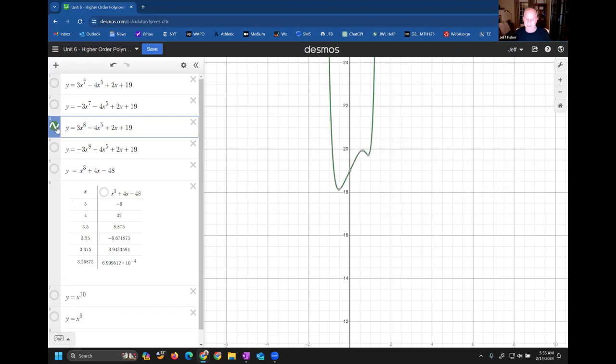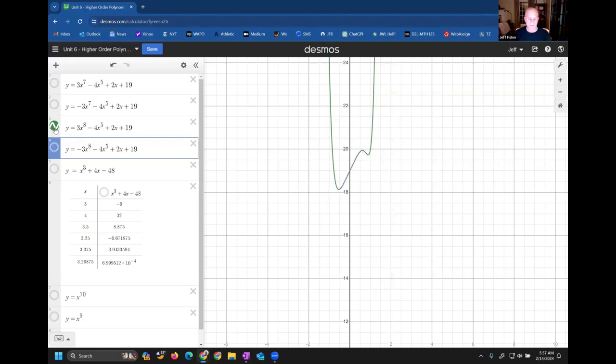And now you'll see that it goes down on the left and up on the right. Okay, down on the left and up on the right, just by making it an 8th power. And again, if I put a negative in front of the 3, it's going to flip this upside down, right? You see how it does that?